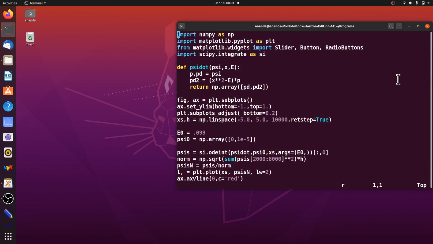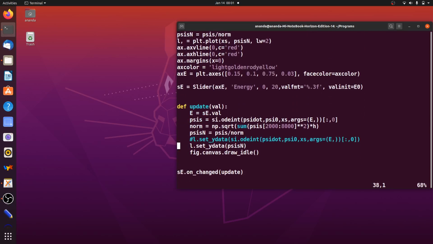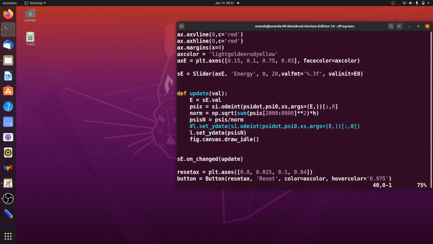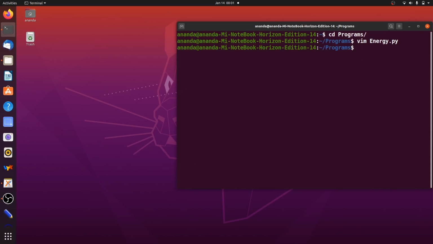So although this may look a bit long, there's roughly some 50 odd lines to this particular code, but frankly all the work is really getting done in these few lines. The rest is just set up for the slider and the canvas and so on, sort of bells and whistles which makes the thing look good. Okay, let's try to see what this will do. Let's try to run this using Python.